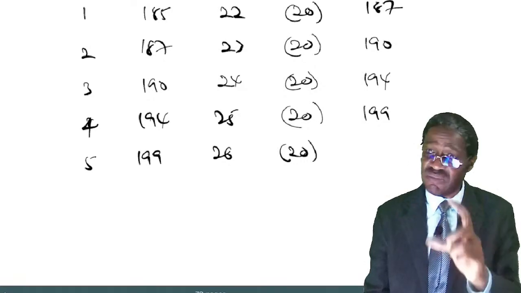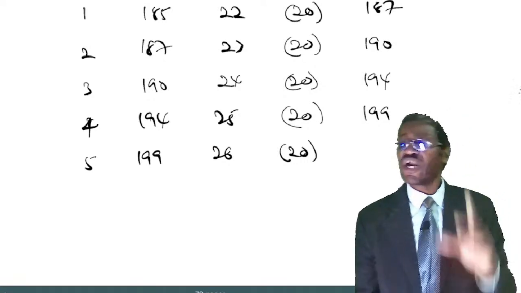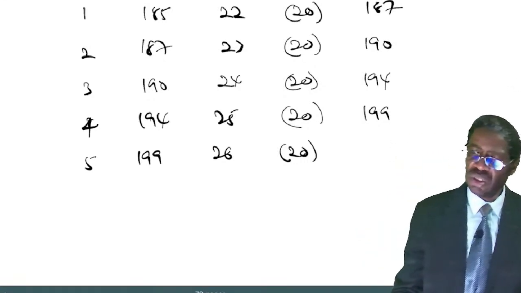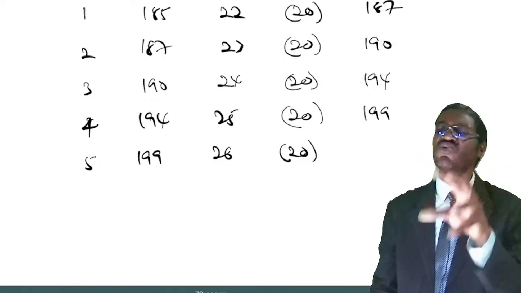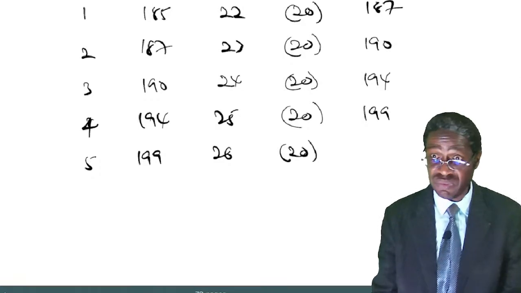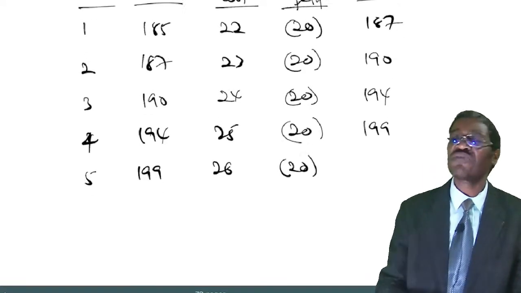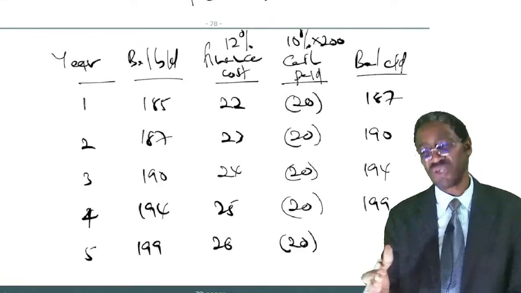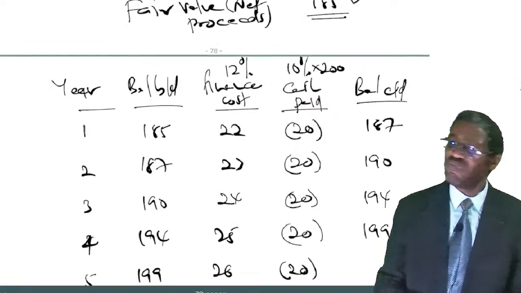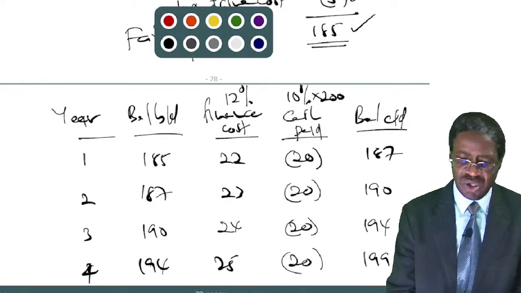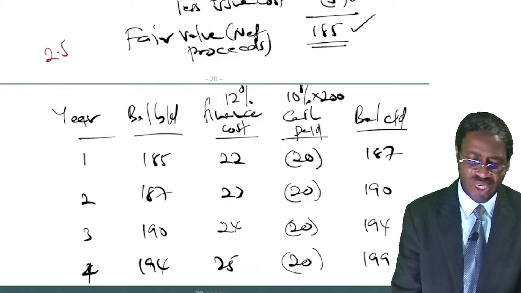The question will tell you whether you are redeeming the bond at par or at a premium. For now, let me assume the question tells you that you are redeeming it at a premium of 2.5%.